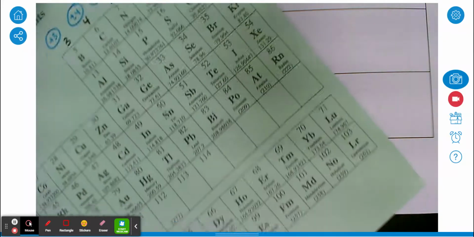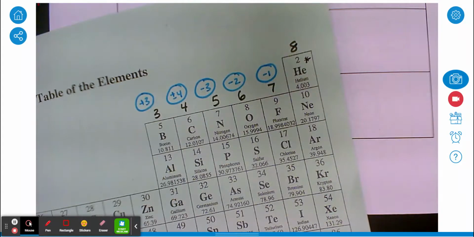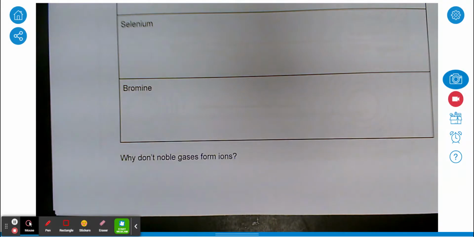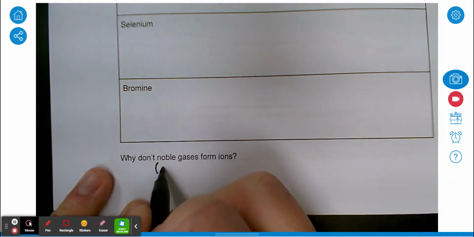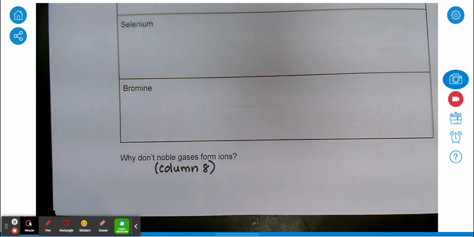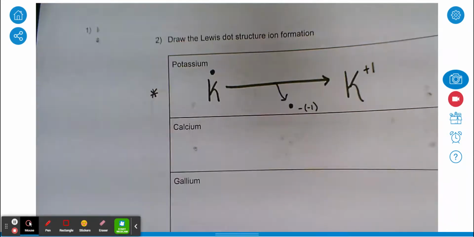Noble gases is the name for column 8. So you need to look in your notes and figure out why column 8 doesn't form an ion. Okay. So if you want to pause the video at this time and complete the back of sheet 6, you can go ahead and do that.